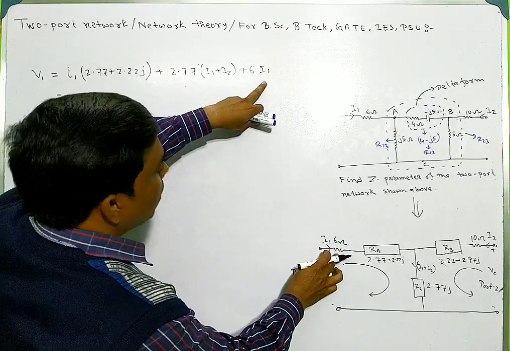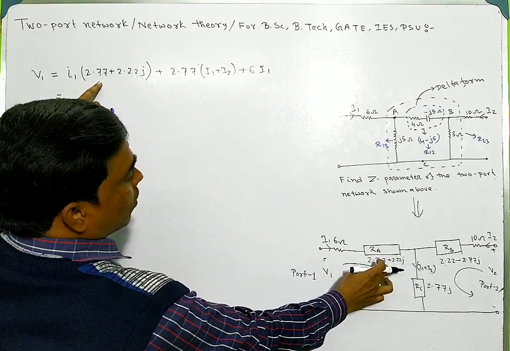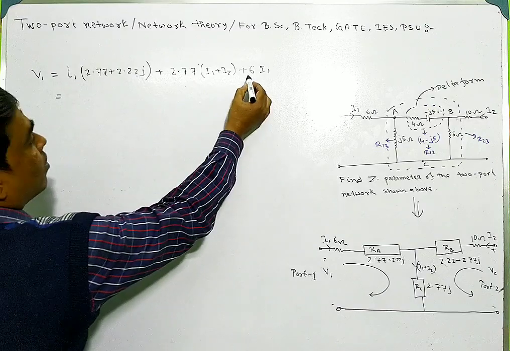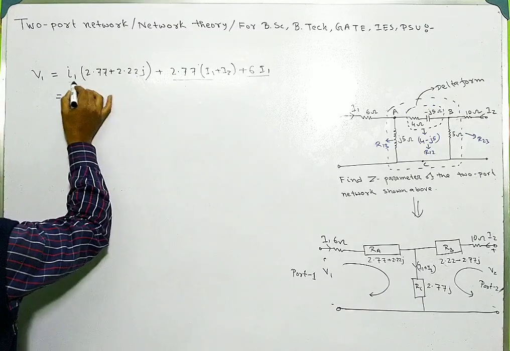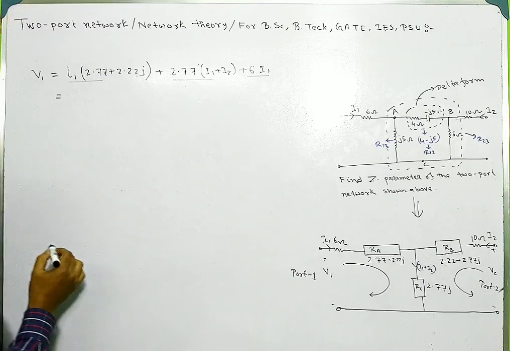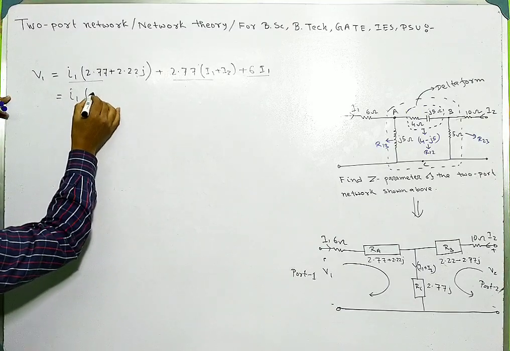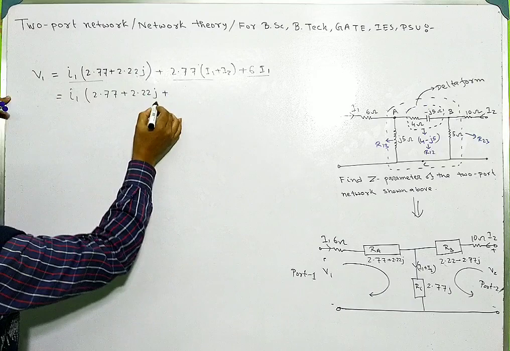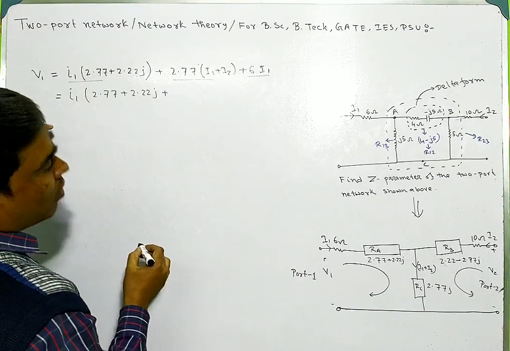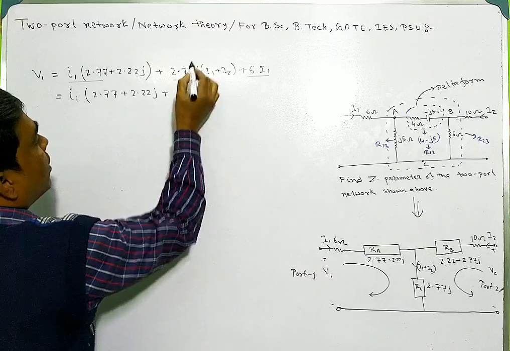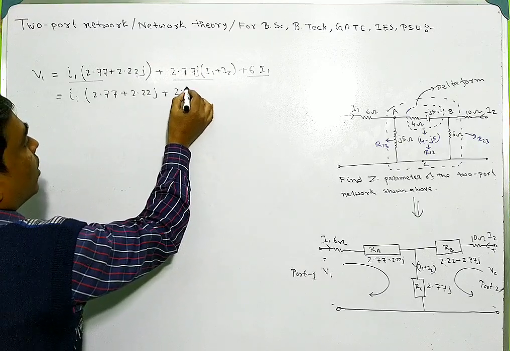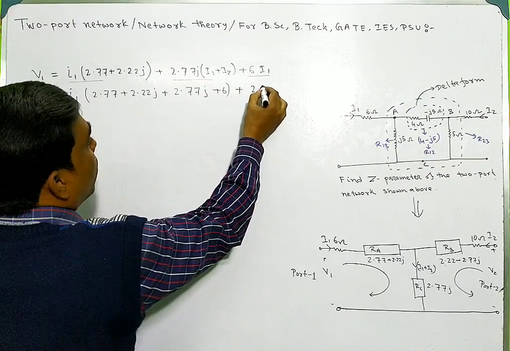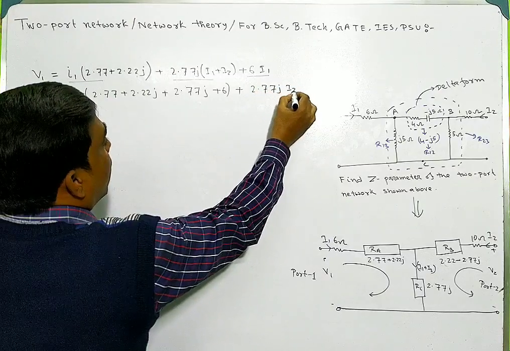So this is 6I1 plus 2.77 plus 2.22J plus this, so here it will be I1 into 2.77 plus 2.22J plus 2.77J plus 6 plus 2.77J into I2.